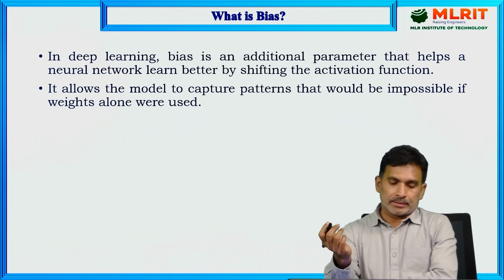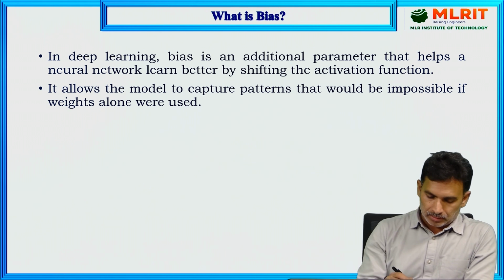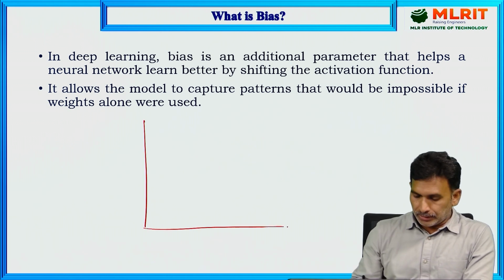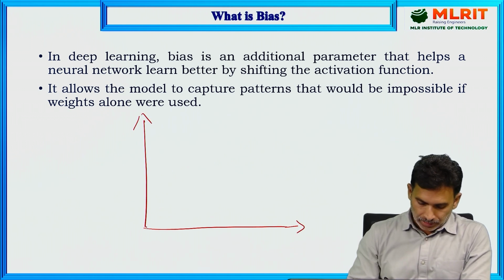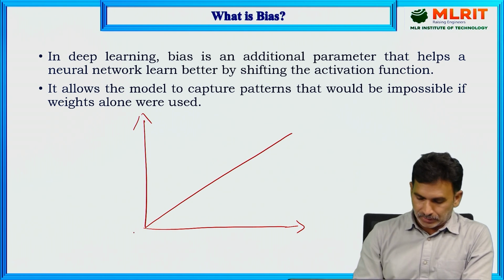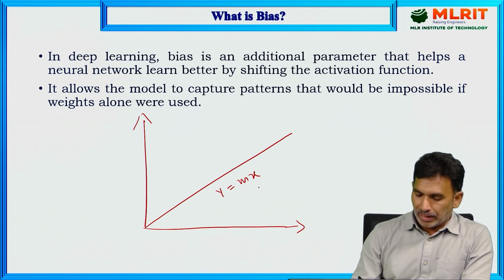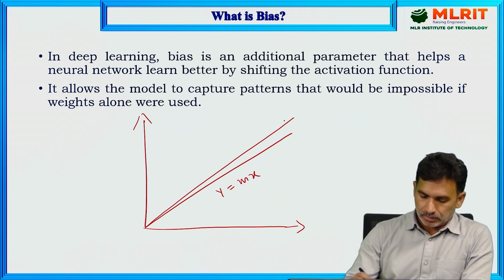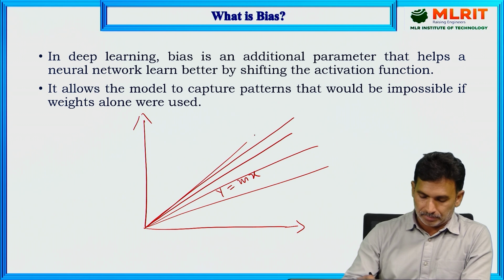Let us take one simple example. If you take a linear equation which passes through the origin, where y is equal to 0 when x is 0, like y is equal to mx. Suppose I change the value m, that is the slope value, the line may go like this. Here the origin remains the same.